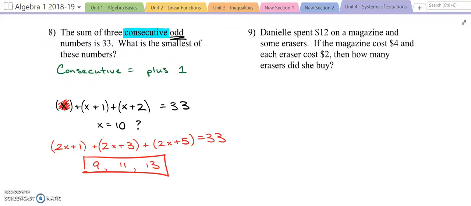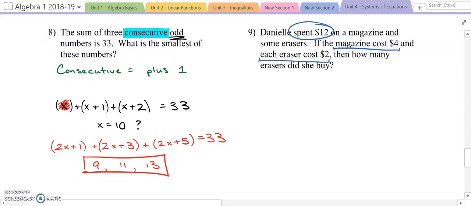Let's do number 9. Danielle spent $12 on a magazine and some erasers. That seems important. It says if the magazine costs $4 and each eraser costs $2, how many erasers did she buy? Interesting. I bought one magazine and a bunch of erasers.